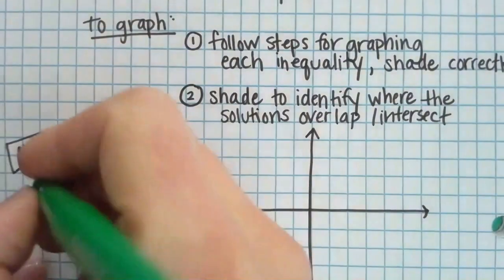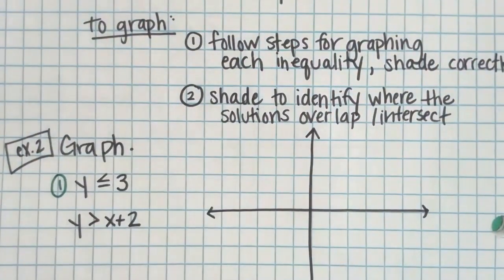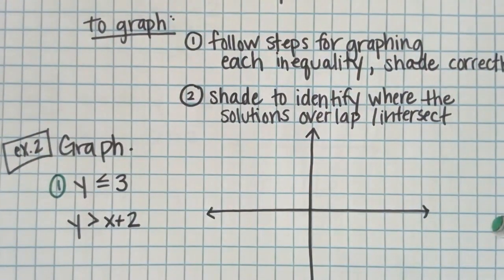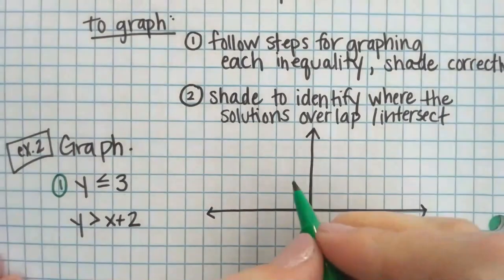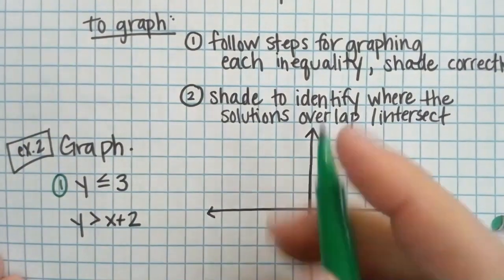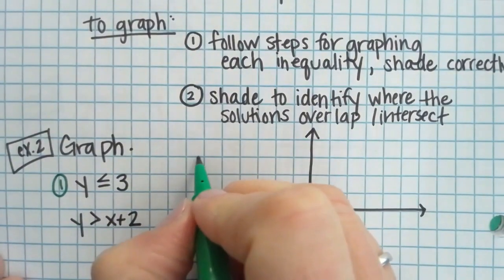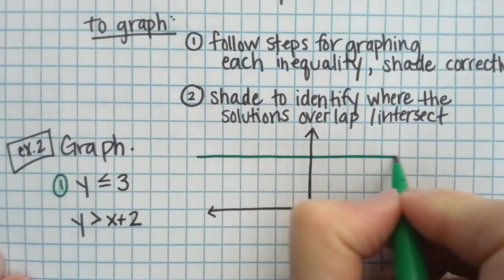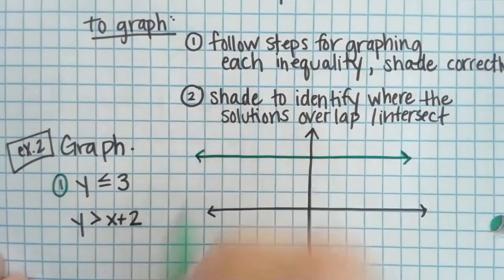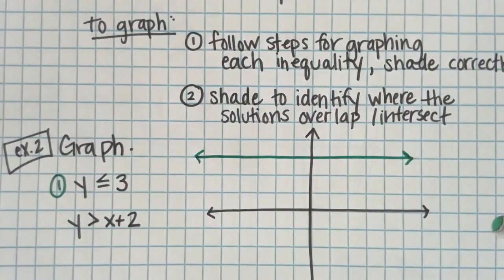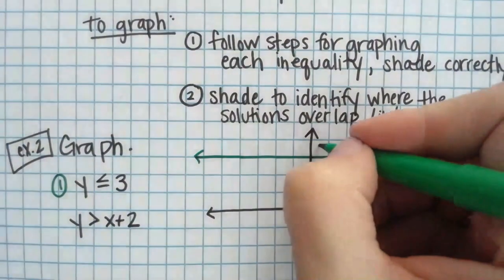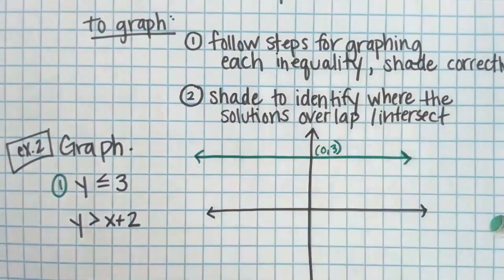I'm going to call this one 1, and I'm going to do it in green. This graph is going to look like just a horizontal line, right, at 1, 2, 3, crossing the y-axis at 3, and it will be solid, right? So this is intersecting at 0, 3.